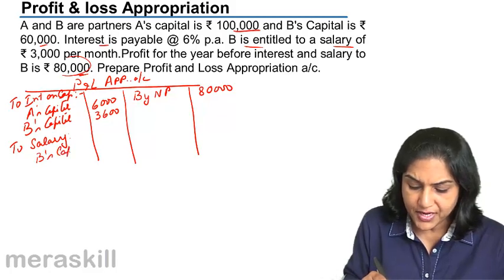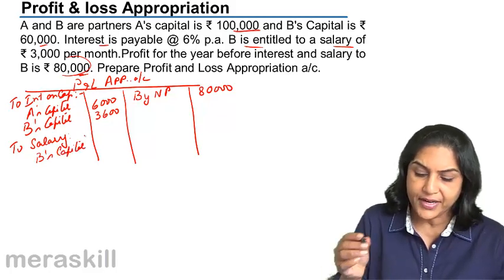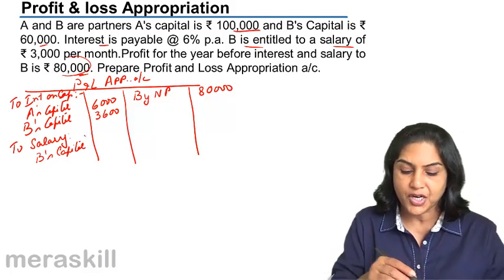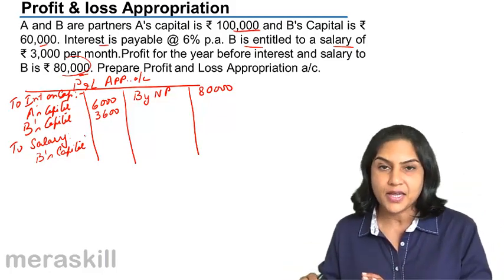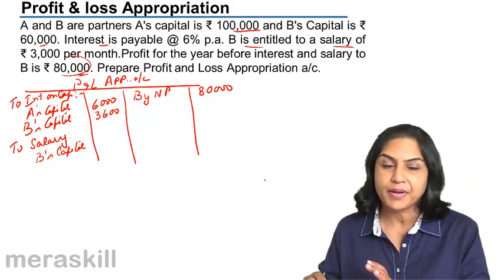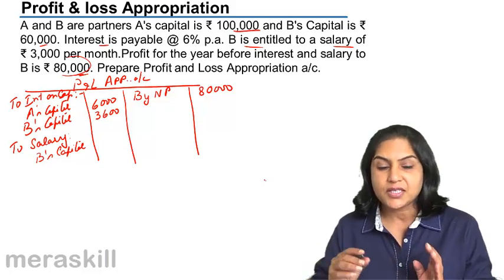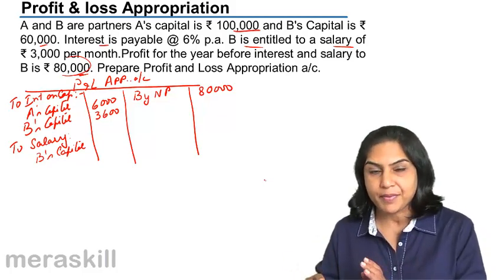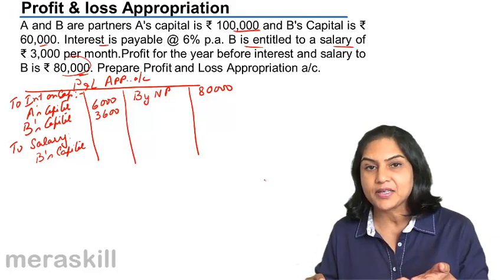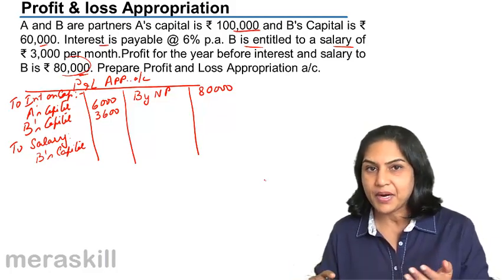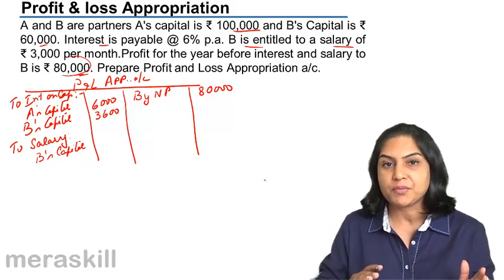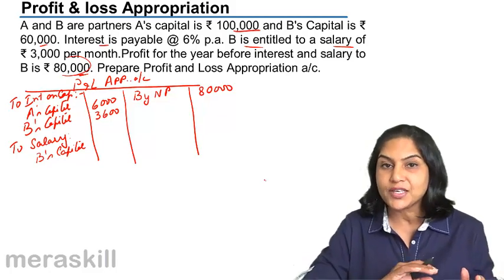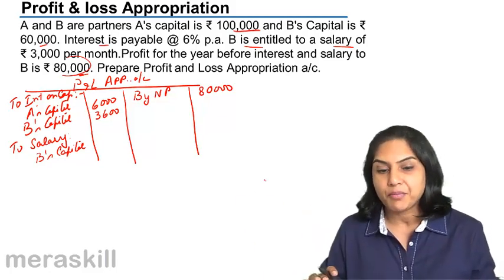On account of salary. So the entry is basically we are debiting profit and loss appropriation account, crediting the partner's capital account, since this amount goes to the partner's capital. There is an increase in the partner's capital. So we credit the partner's capital account, profit and loss appropriation account debited because we are distributing these profits.